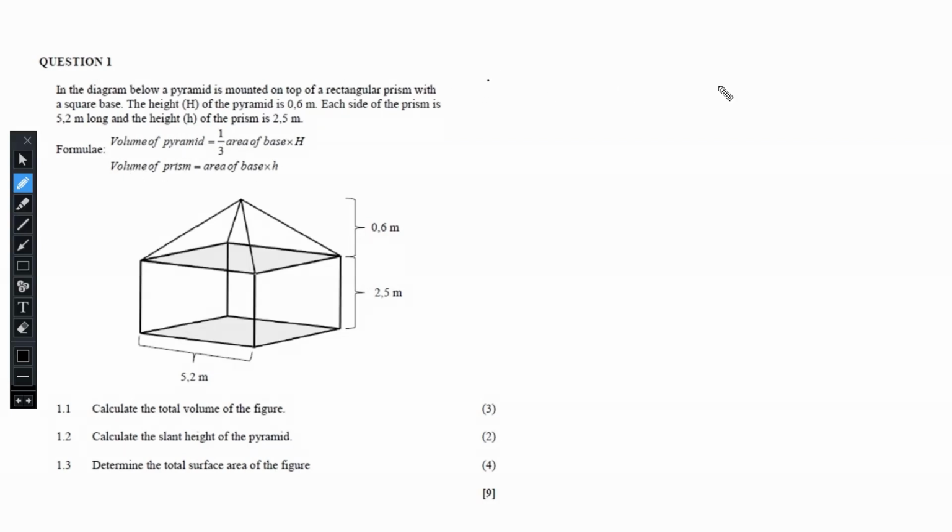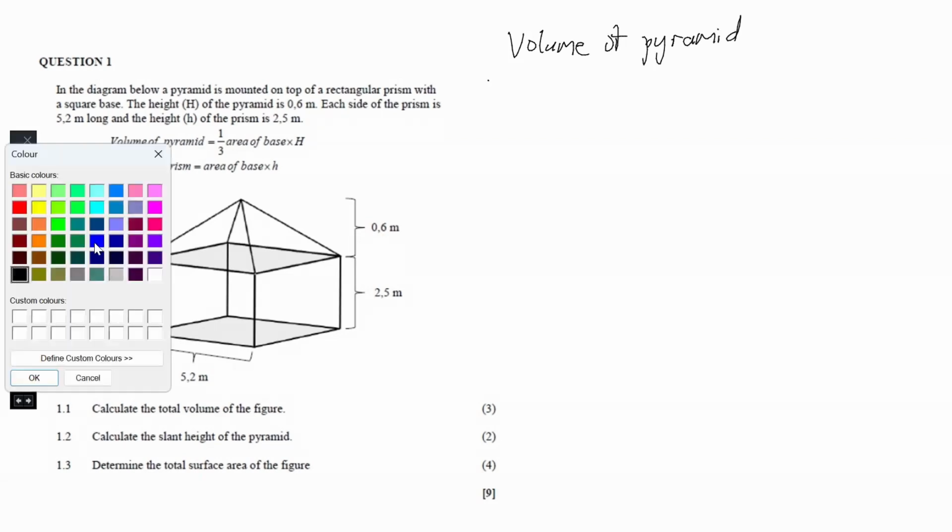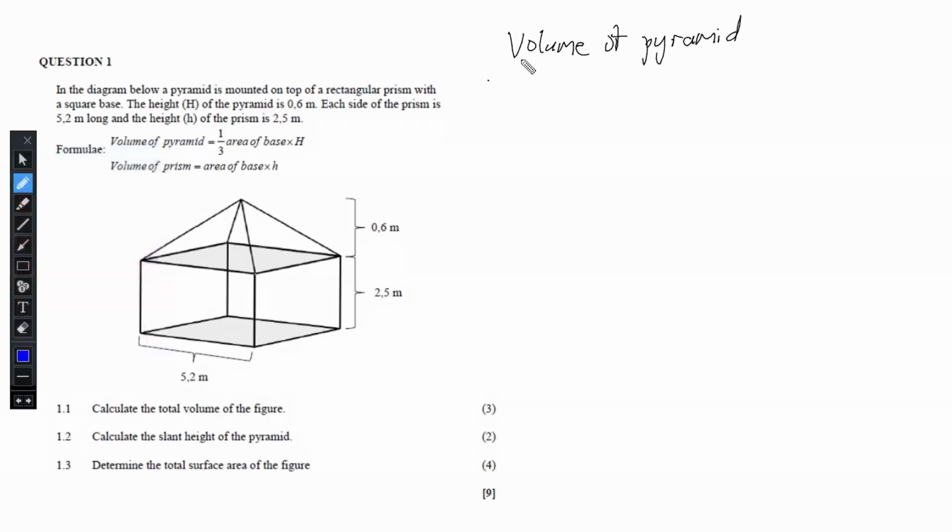So for 1.1, we will indicate a volume of pyramid. Volume of pyramid will be equal to what? So let me write with a blue pen. So the volume of the pyramid is V is equals to 1/3.